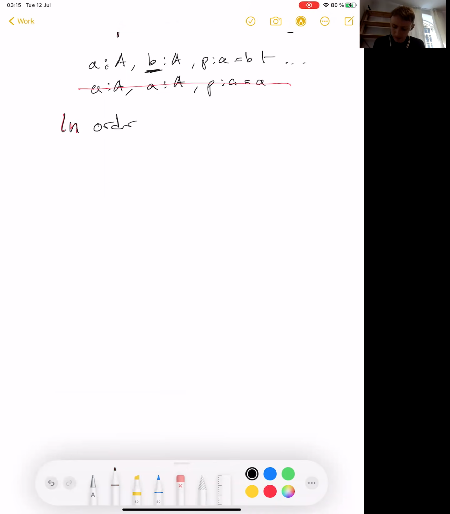In order to apply path induction, or elim, I can informally read it as: for all A, B in A and A equals B, then yes, precisely. You should be able to do it for all. Well, for all, yeah, it's tricky, right?